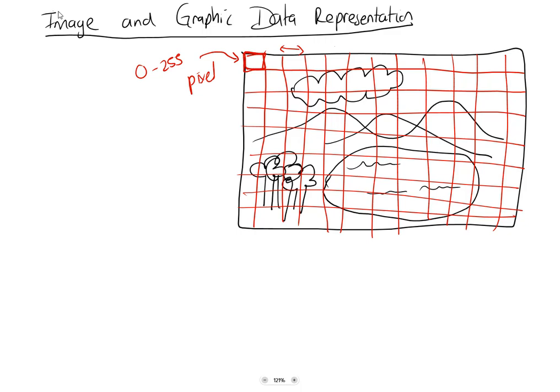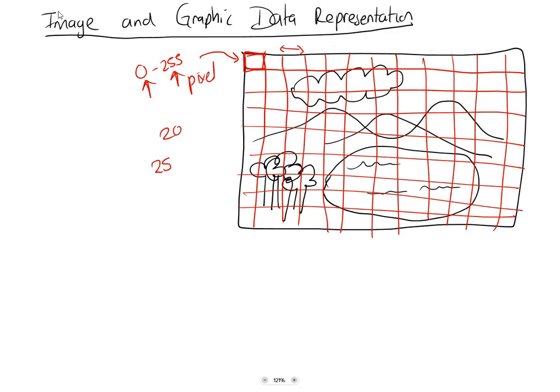So we'll start off with 0, which is no intensity, so that's black, and then we'll go all the way to 255, which is white. So everything between are the different shades of gray. So maybe the number 25 is closer to black than it is to white, whereas 200 is closer to white than it is to black. And so we'll get different shades of gray for each of these different pixels.